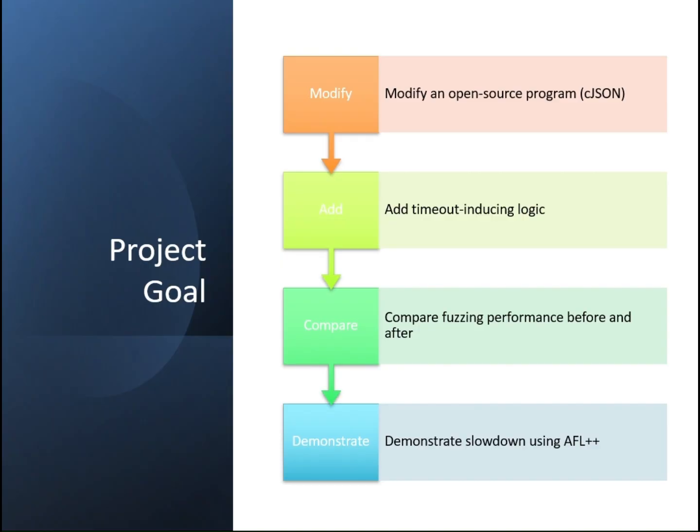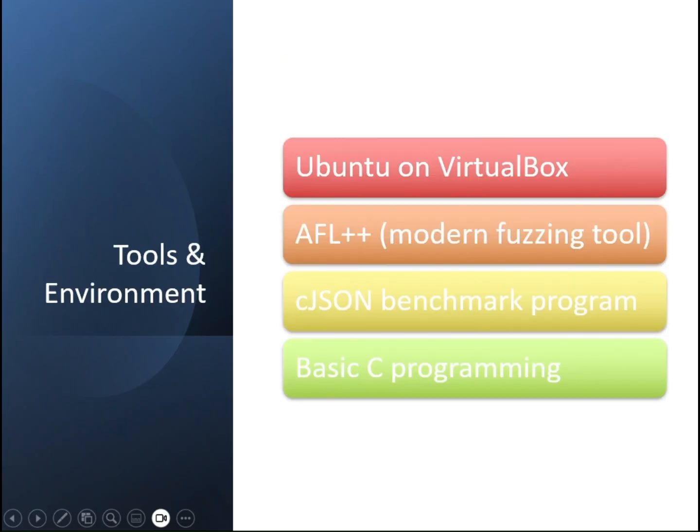It's small, fast, and has a clean test harness that's easy to work with. cJSON is widely used in embedded systems and applications for configuration and data interchange, making it a realistic target for fuzzing and thus an interesting candidate for counter-fuzzing. So the goal is simple: add a counter-fuzzing mechanism to cJSON and see how a fuzzer's performance changes.